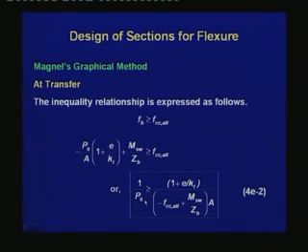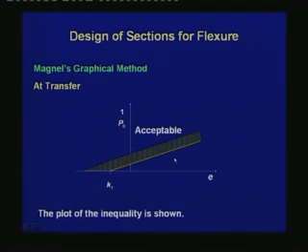Since in the equation 1 by P0 has to be greater than the value which is computed on the right hand side, any value above the straight line is acceptable. This is the second stress condition. And thus we find that now we have got two stress conditions at transfer interpreted in the 1 by P0 versus E plane as two straight lines, and for each straight line we have an acceptable zone for the combination of P0 and E.